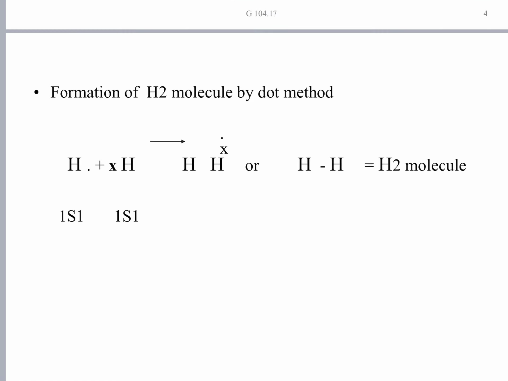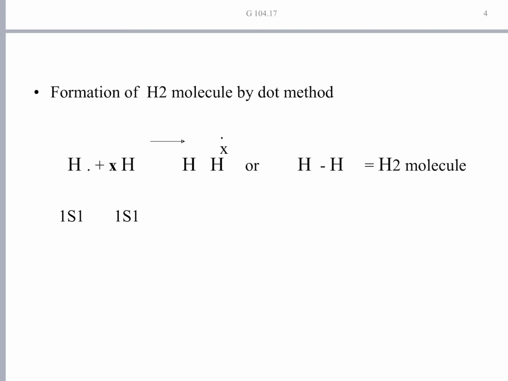In the molecule, both hydrogen atoms get a 1s2 configuration, because the bonding pair of electrons is shared by both atoms. Two 1s1 combine to give rise to 1s2 configuration in the hydrogen molecule. It's something like a family living in a house.